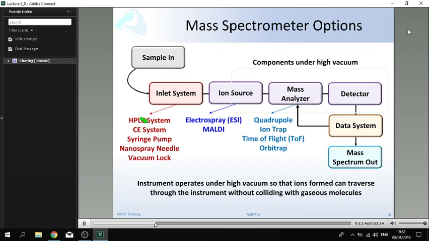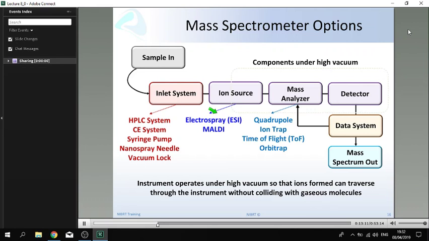You probably know that mass spectrometers are usually connected to HPLC. So we have HPLC-MS. Samples are first separated using HPLC, and then they undergo further separation straight into a mass spec. It can also be a CE, or capillary electrophoresis, system that is coupled with a mass spectrometer, or it can be a syringe pump, nanospray needle, or a vacuum lock.